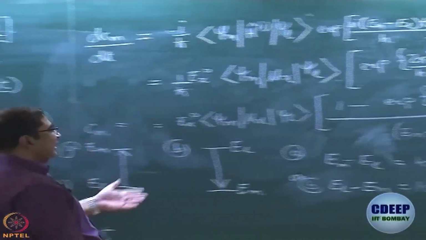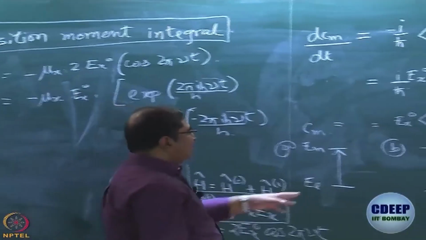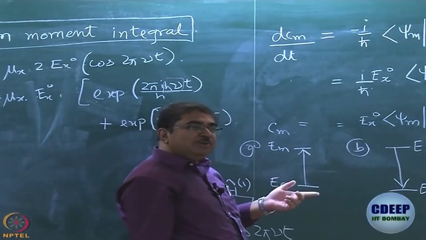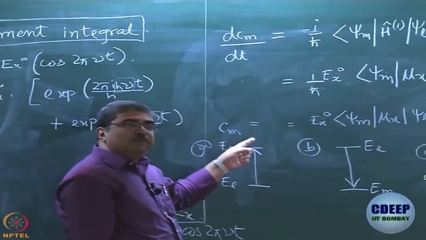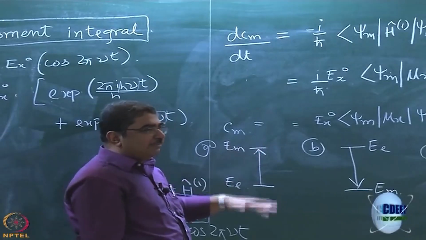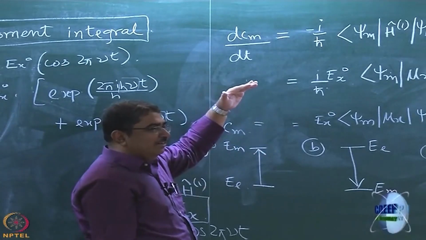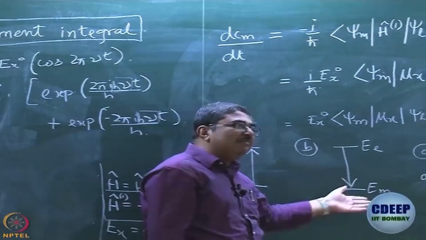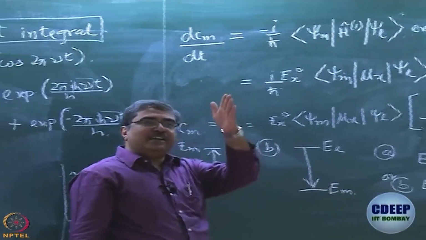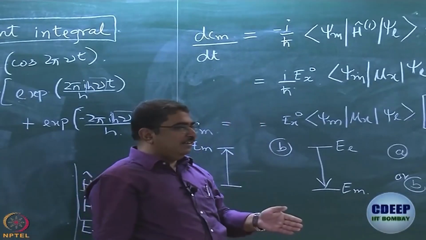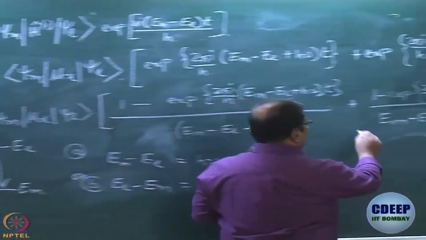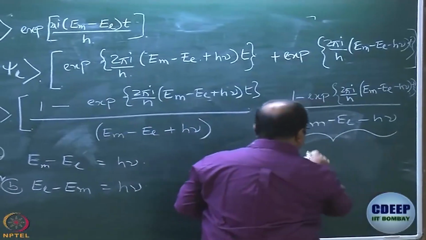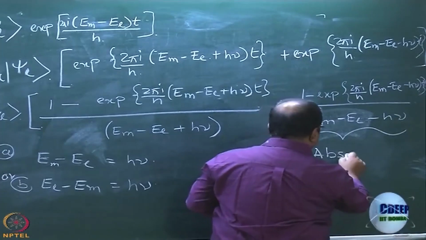Em minus El minus h nu equal to 0. When Em minus El minus h nu equal to 0, what we are essentially saying is that we are dealing with an absorption. The transition is absorption, going from lower to higher level. When El is higher and Em is lower, we are dealing with emission. That is all. So, this term is going to blow up when we discuss absorption.